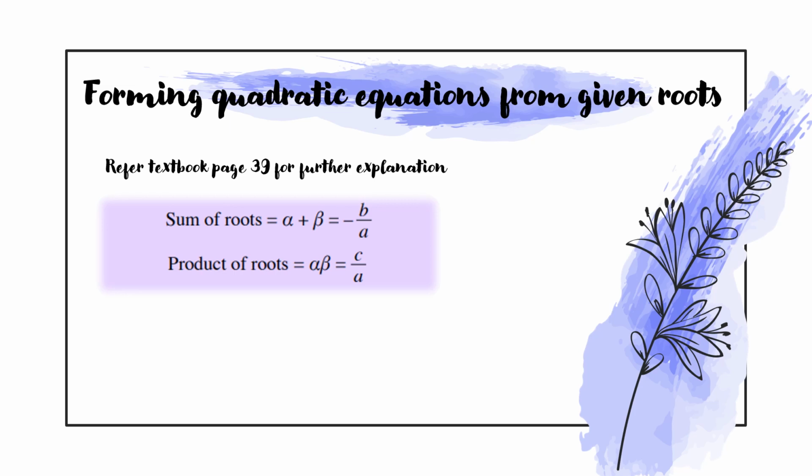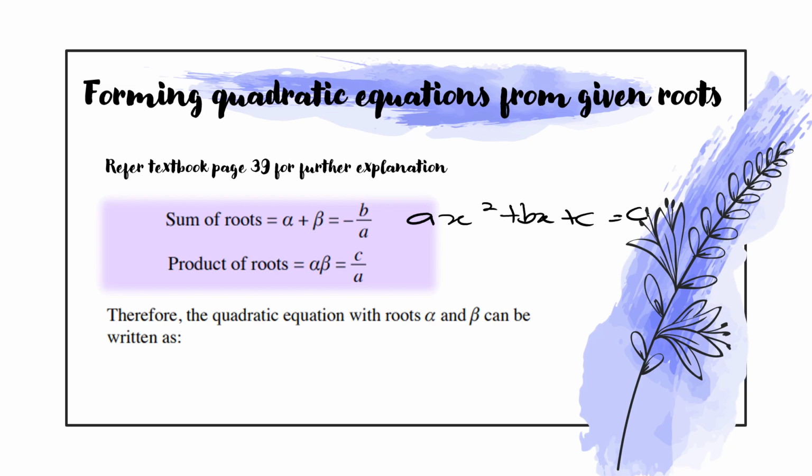So SOR is equal to negative b over a. You already know that the general form of a quadratic equation is ax squared plus bx plus c equal to 0. So product of roots, POR, is alpha times beta, which is actually c divided by a.